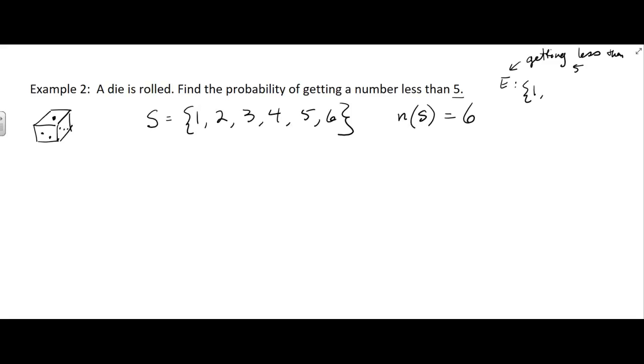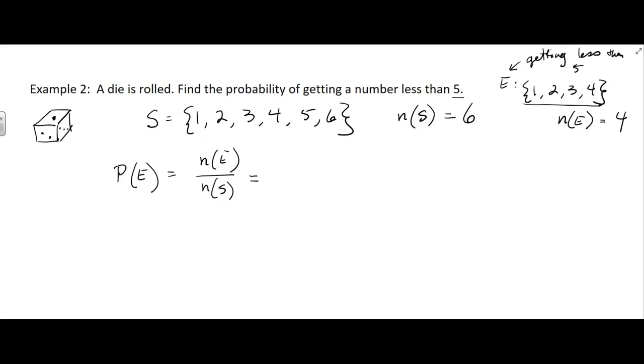Well, if you got a 1 or a 2 or a 3 or a 4, that would be getting a number less than 5. So our probability of getting a number less than 5 is going to be N of E divided by N of S. So there are 4 ways. N of E is 4.